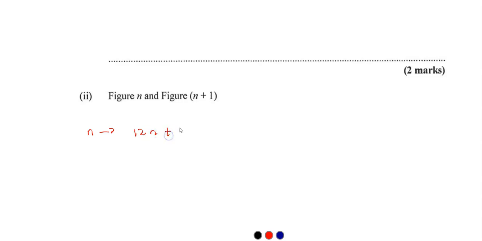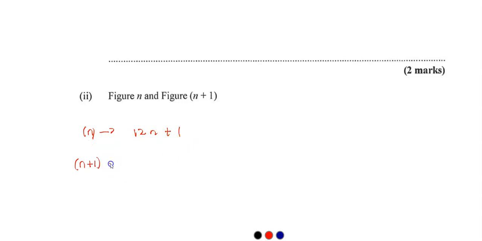That was the function that was given from the table. So figure n is 12n plus 1, and then figure n plus 1, remember n plus 1 there is the position of the figure.